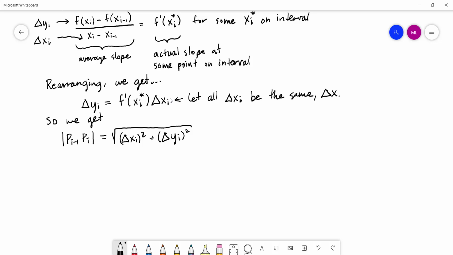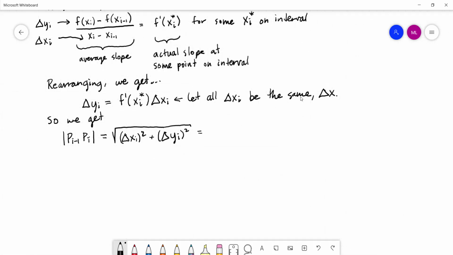But now I can write them all in terms of this using the mean value theorem. I can replace the delta yi term and write it in terms of x's so that I'm not dealing with both x and y. I can write everything in terms of x's. So this is going to be equal to, and also using this fact that we're going back to just delta x's, I'm going to rewrite this as delta x squared. We're dropping the i because I said that all of them are going to be the same, so let's just call it delta x.